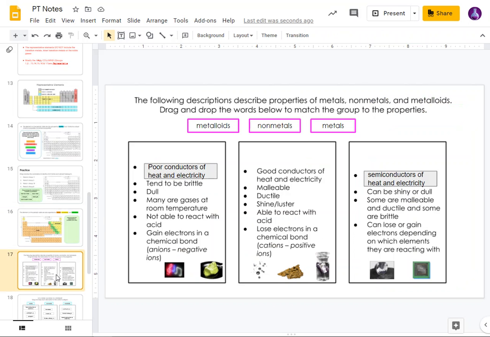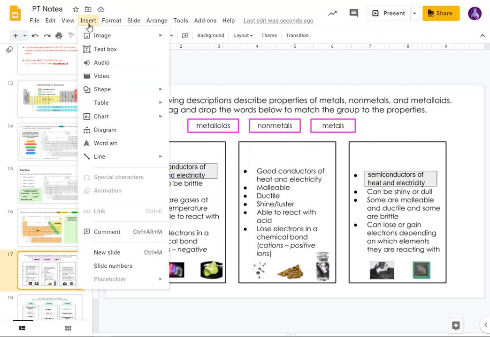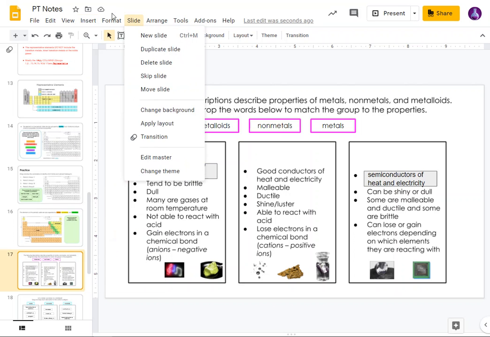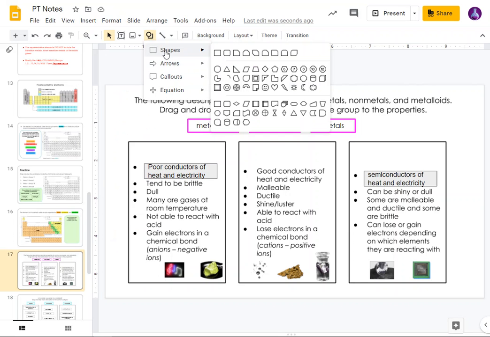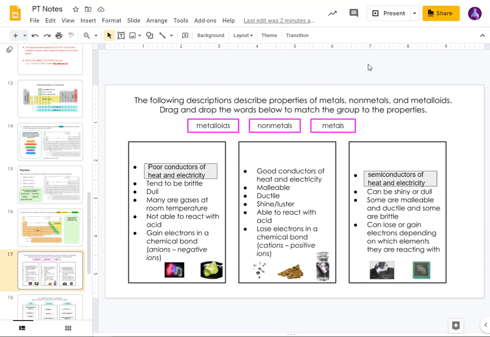Now let's look at the properties, and I changed a couple of them, so you might want to go up here and add a text box, or I'm sorry, I didn't do a text box, I did the shape thing. I added a shape to put over it, because I felt that it's a better descriptor to say that these are poor conductors of heat and electricity, tend to be brittle, dull. Many are gases at room temperature, not able to react with acid.